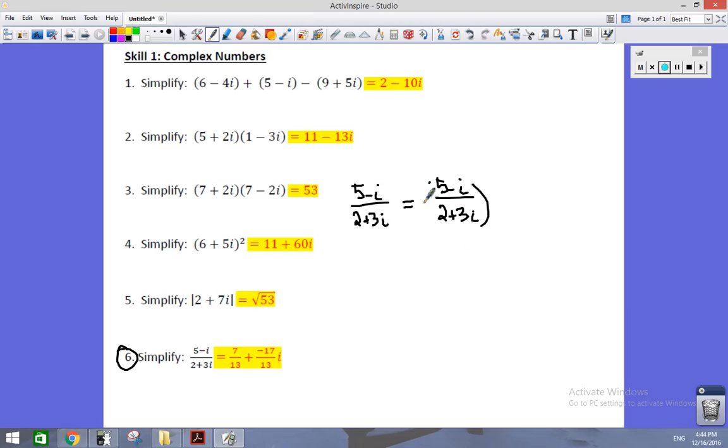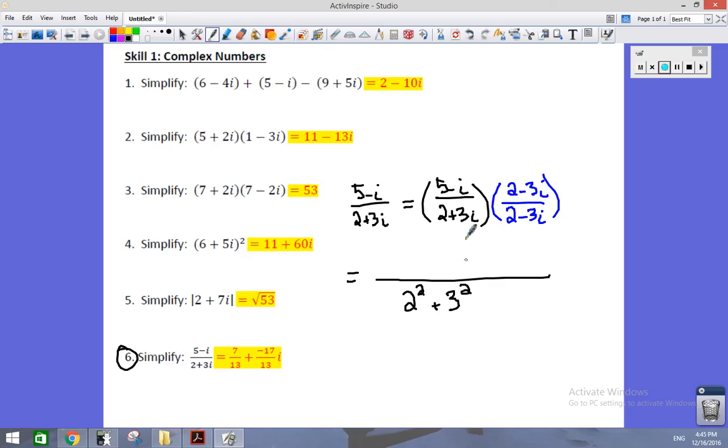When you multiply by 1, you don't change the value, but I'm going to be clever in how I multiply by 1. I'm going to take the conjugate of the denominator. 2 minus 3i is the complex conjugate of 2 plus 3i. So I know that when I multiply these denominators together, I'm not going to have an i. I'm going to have a squared plus b squared: 2 squared plus 3 squared, 13.